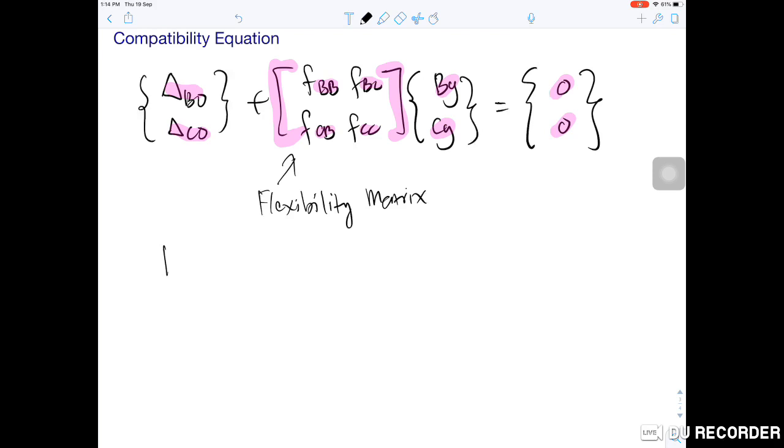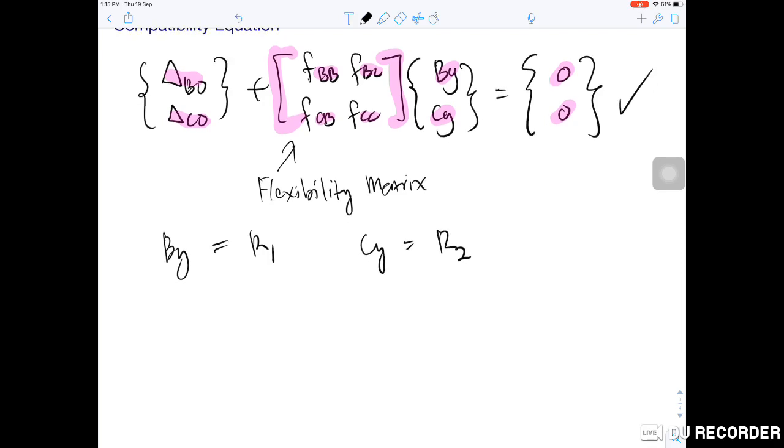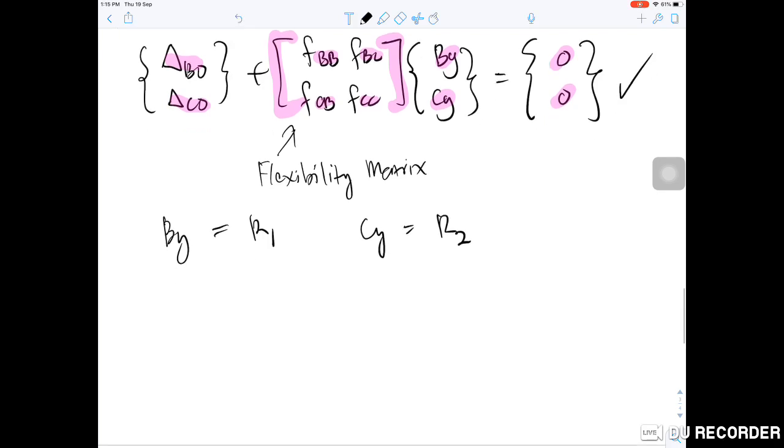Since BY is redundant number 1 and CY is redundant number 2, I want to rewrite the compatibility equation in the form of 1 and 2 to represent the redundants. All B symbols I will change to 1, and all C symbols I will change to 2.